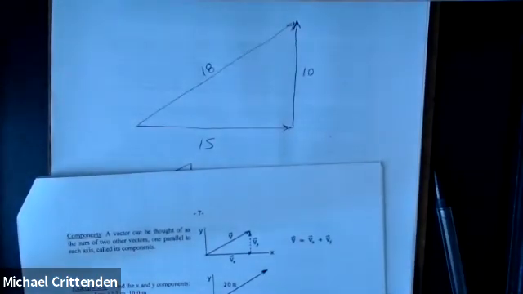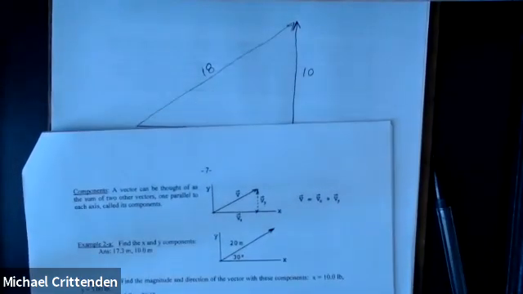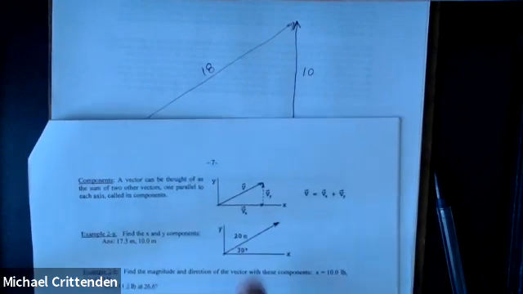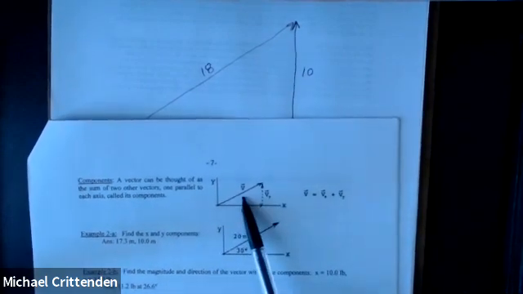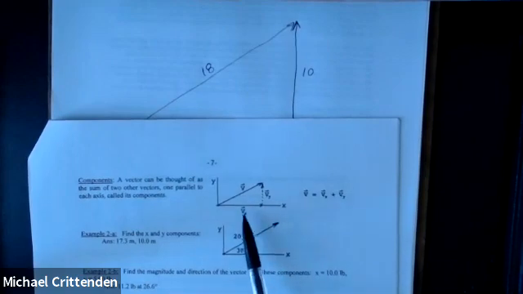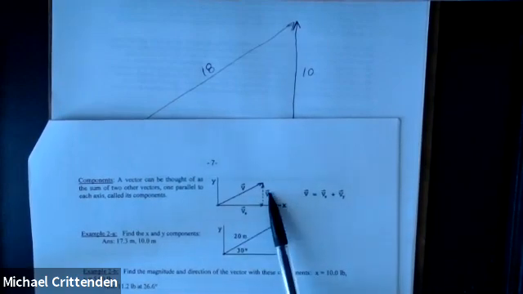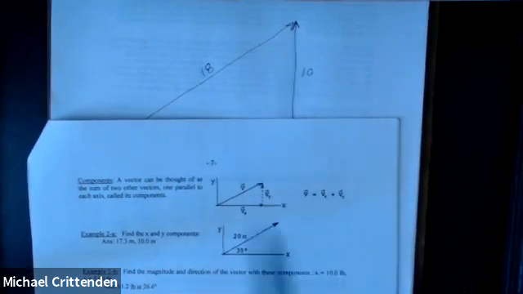It's the vector sum. It doesn't mean just add up their magnitudes. It means add up the arrows, the whole vector, magnitude and direction. So this arrow equals that arrow added to that arrow is what I'm saying over here.